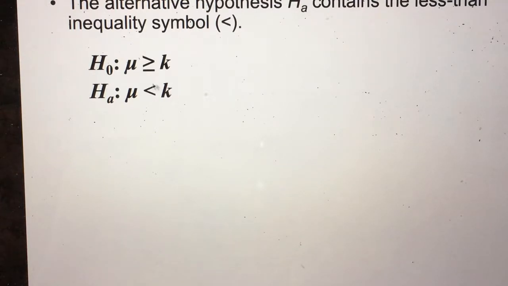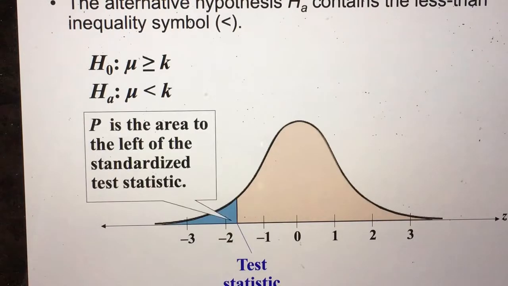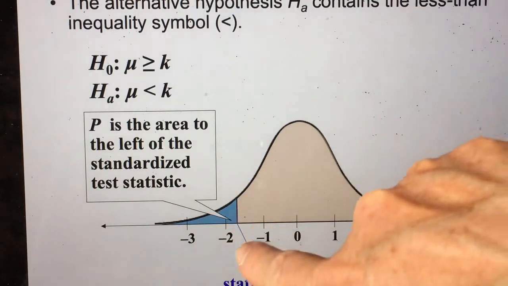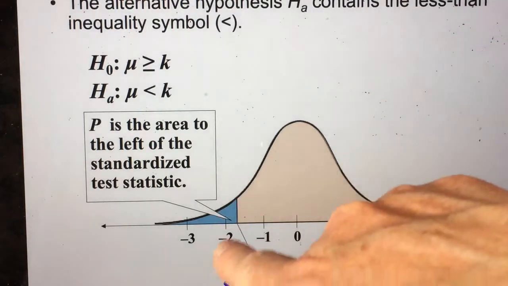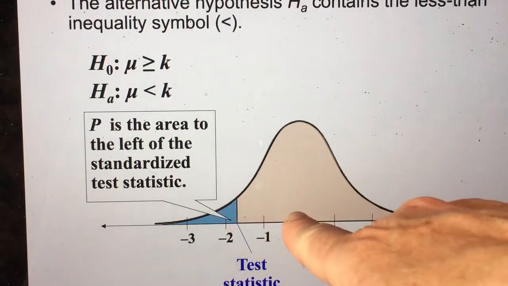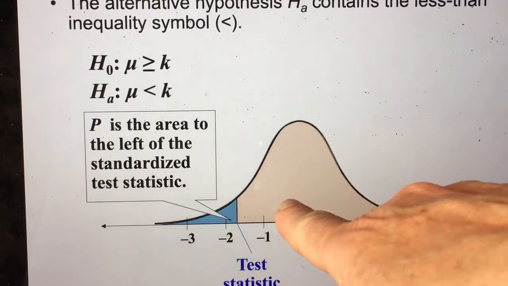So here's our alternative, and you can think of that as a little arrow pointing to the left, so we have a left-tailed test. Okay, and our test statistic will be dividing this region here. Our critical value will divide this, and then we have to decide whether our test statistic is to the left or to the right.